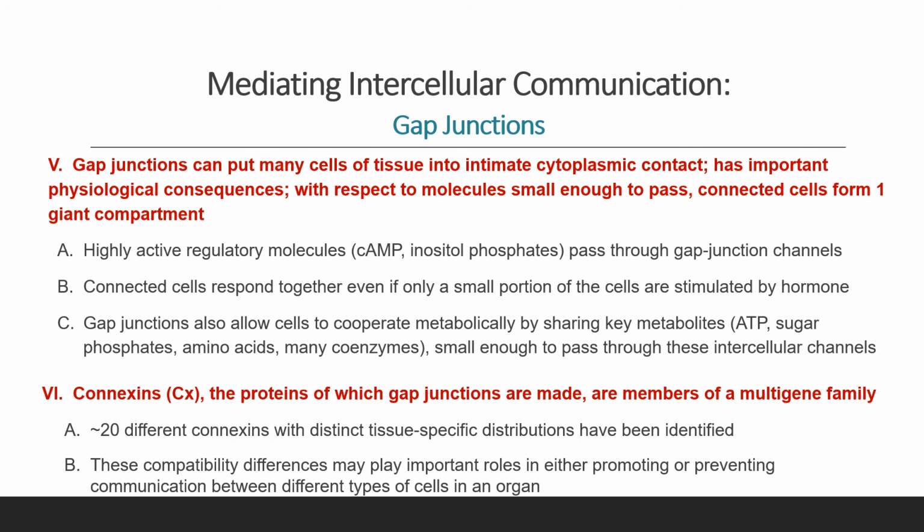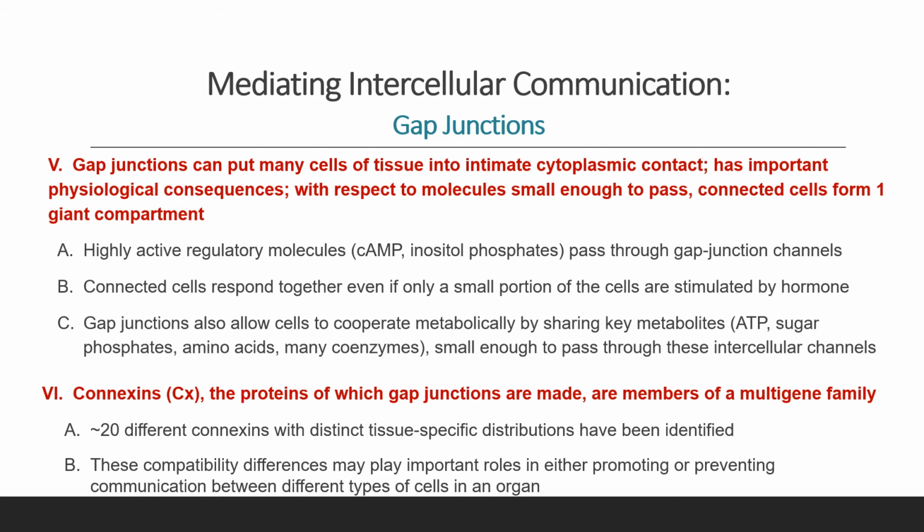So connected cells respond together even if only a small portion of the cells are stimulated by the hormone. And gap junctions allow cells to cooperate metabolically by sharing key metabolites, for example, ATP, sugar phosphates, amino acids, and many coenzymes, which are small enough to pass through these intercellular channels.